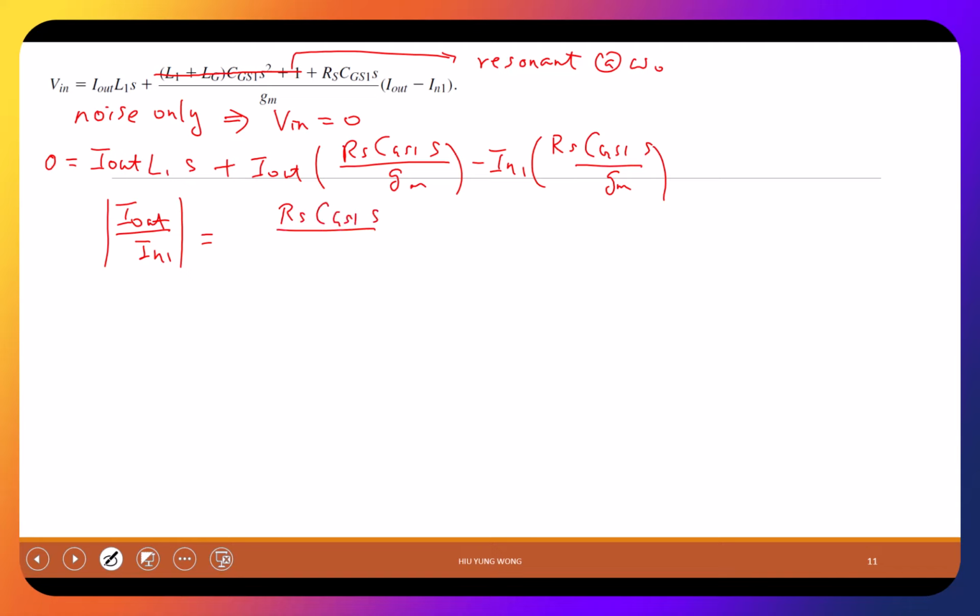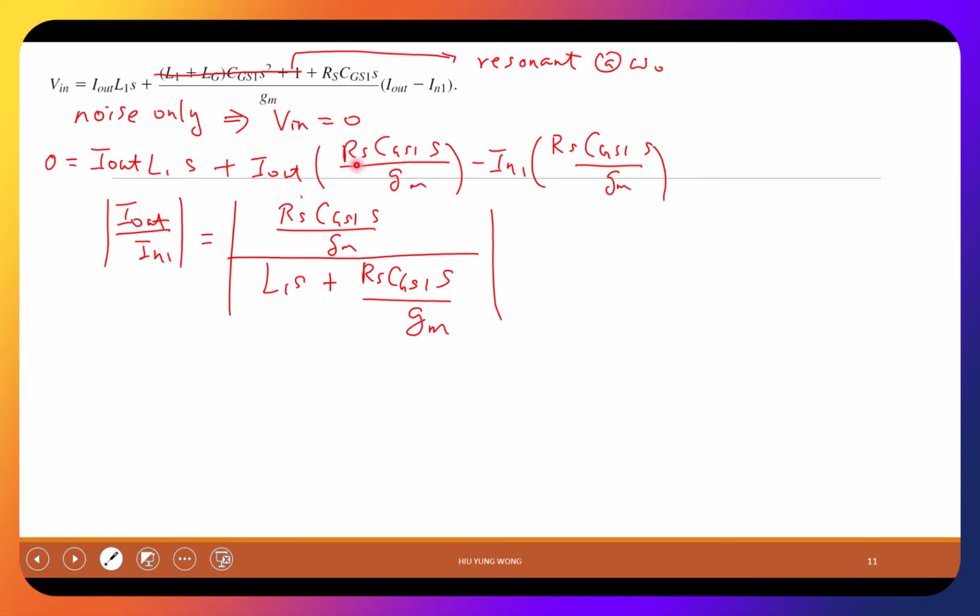So you have RSCGS1S divided by GM, the whole thing divided by L1S plus RSCGS1S divided by GM. Sorry for my writing. Is that okay? Because you just multiply IN1 times this one, and then I out times this one.